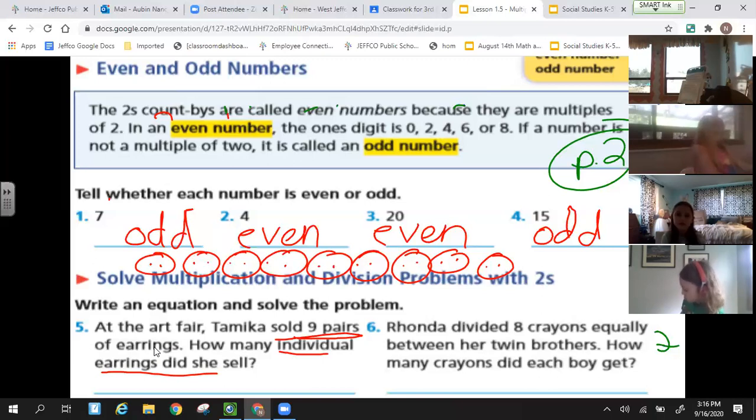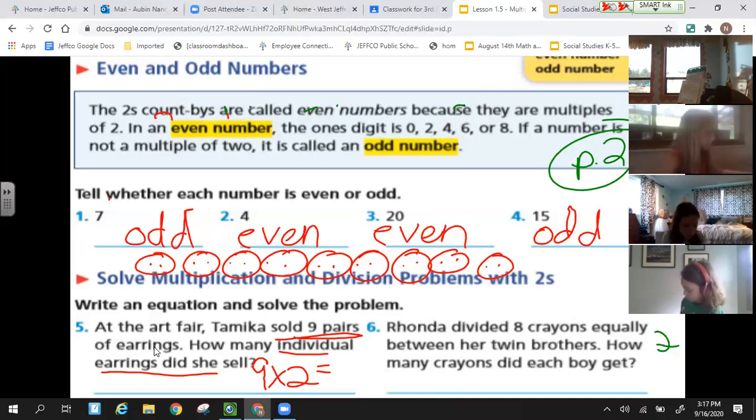So what's the equation? How many circles do you have? You are on it. Mr. Thompson's got it. Can you tell us what you did? Henrik, what did you write? 9 times 2, because he knows he has 1, 2, 3, 4, 5, 6, 7, 8, 9 pairs, and there's 2 in each.